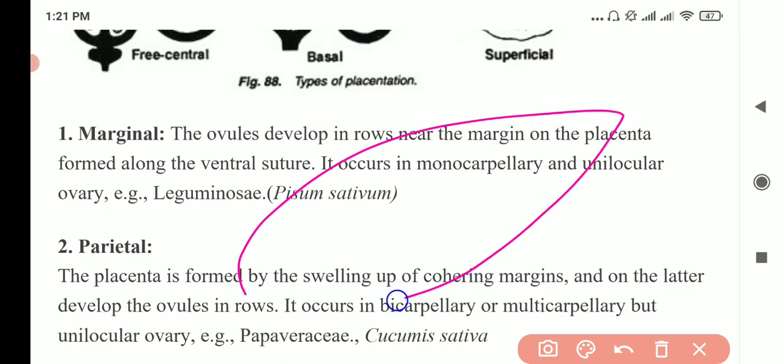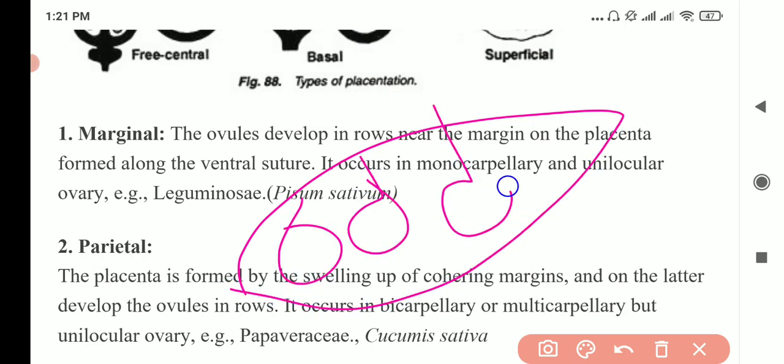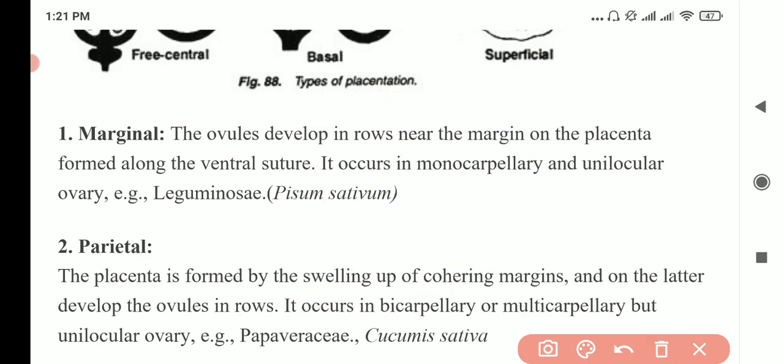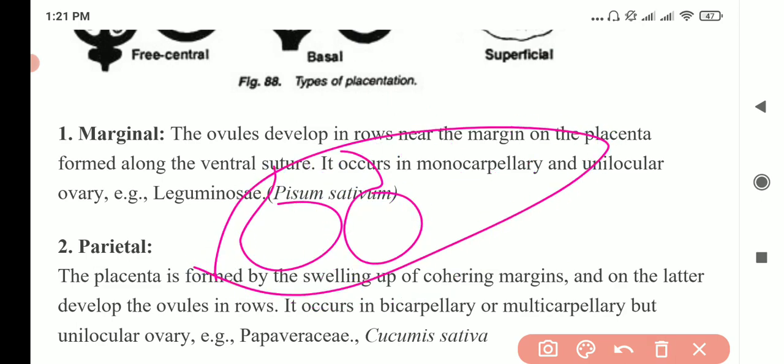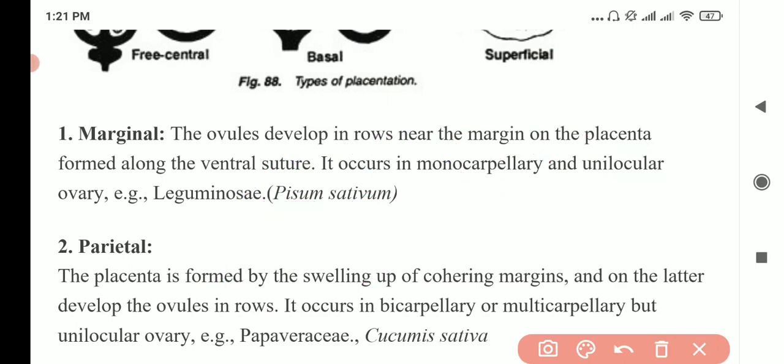In one chamber you find so many ovules, not like this is one chamber, this another chamber. In the same chamber you find so many pea seeds. Examples are all your legume plants, whether tamarind, pea or sweet pea. Those have marginal placentation.